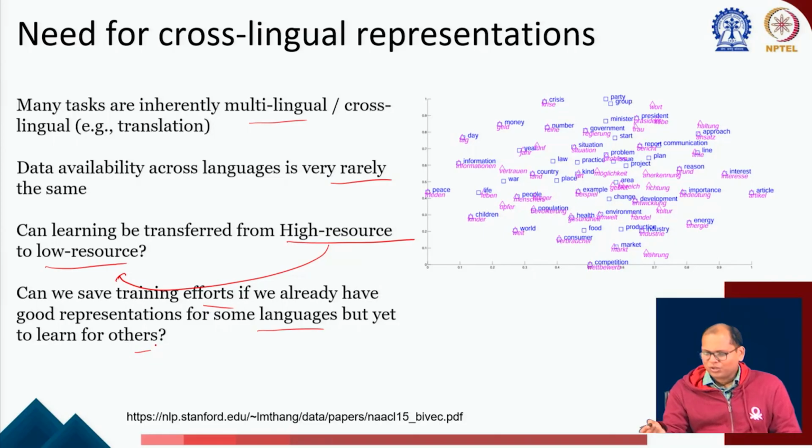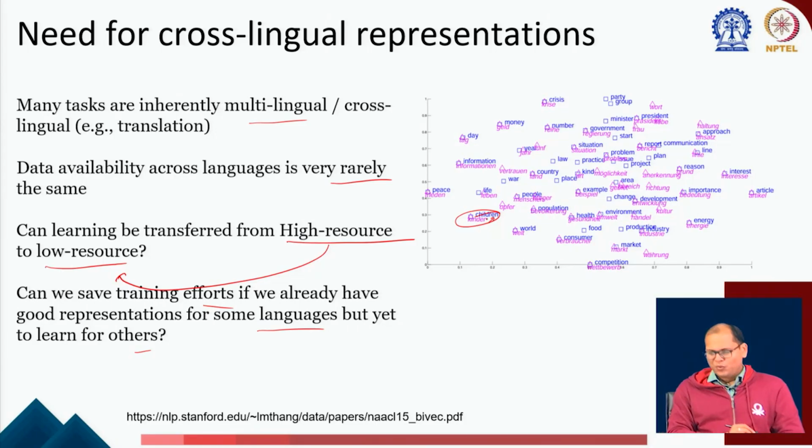And what you are seeing is how a cross-lingual representation will look like, where children in English and kinder in German would come very close to each other. In the embedding space, they will be very close to each other.